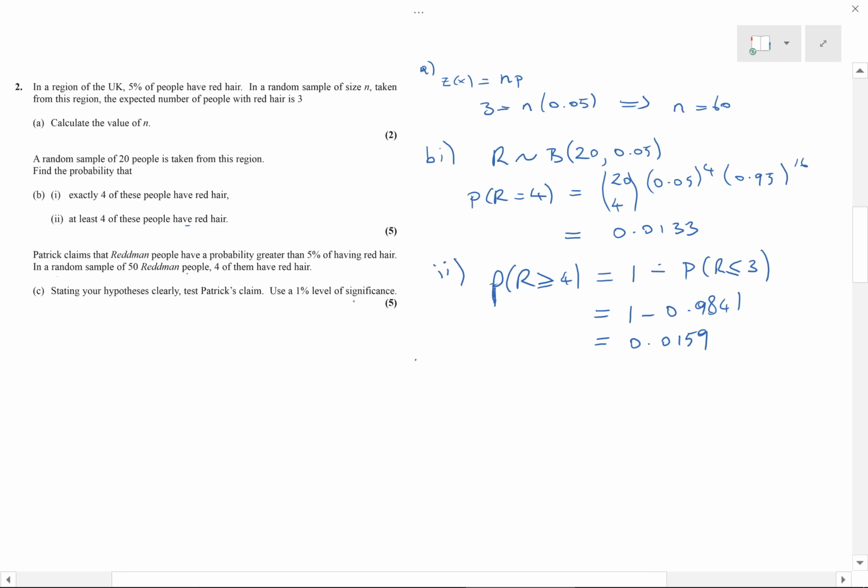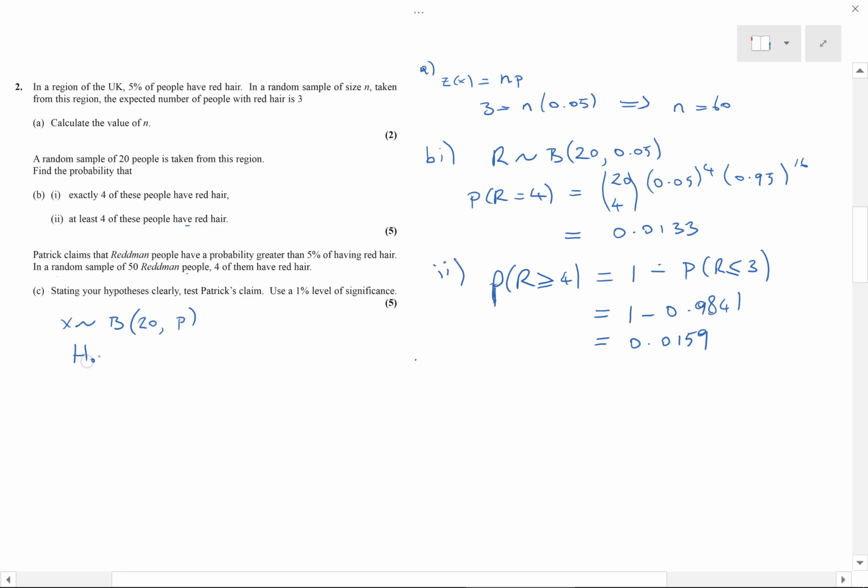Let x be a binomial with 60, and not 60, that was from before, 20, and some unknown value p.